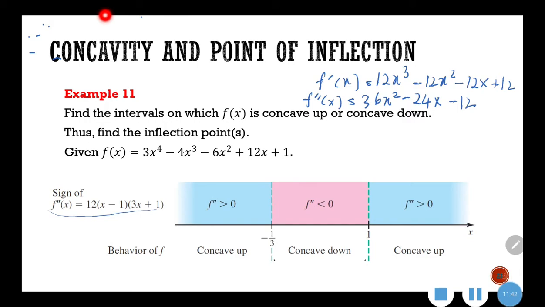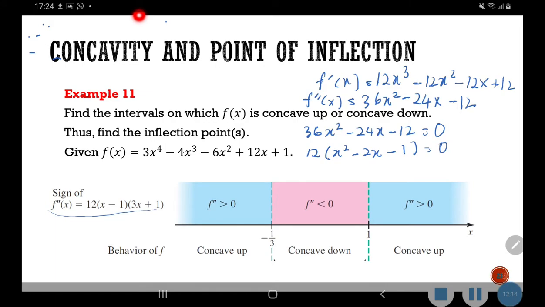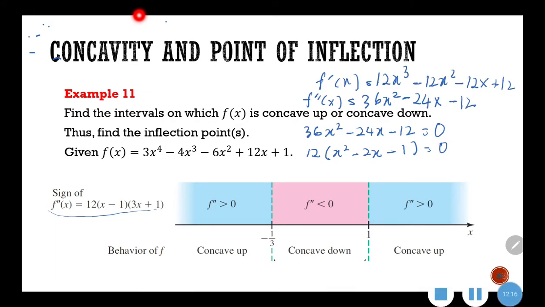Daripada sinilah, to find the intervals of concavity, we are finding the inflection points, or the values that make f double prime x equal to 0. So we have 36x squared minus 24x minus 12 equals 0. I guess you can factor out a factor of 12. So we have x squared minus 2x minus 1 equals 0. Okay, so what we will have here.